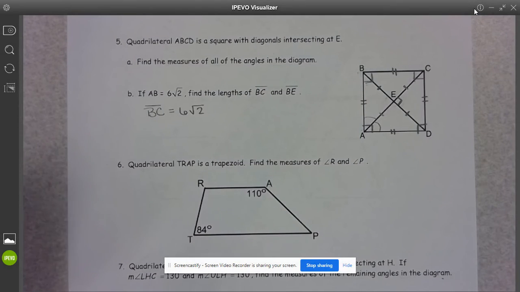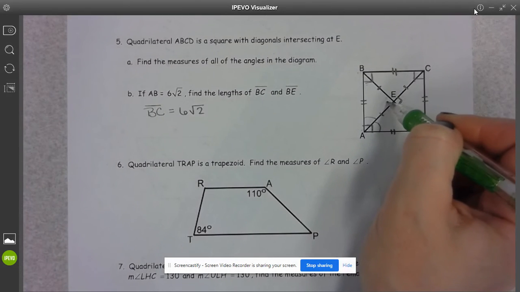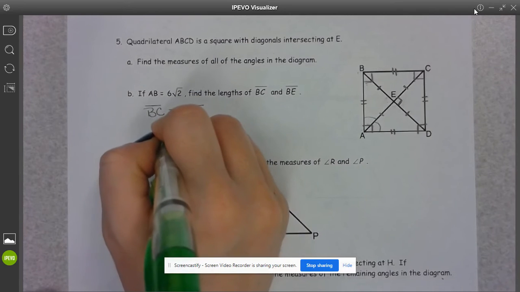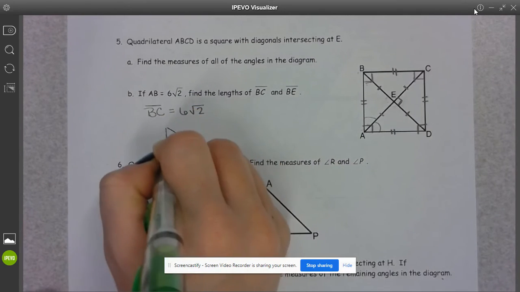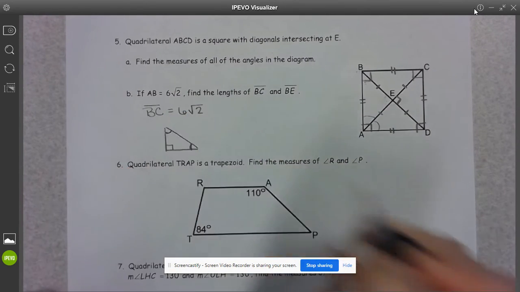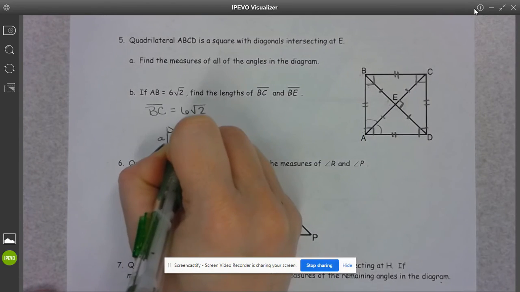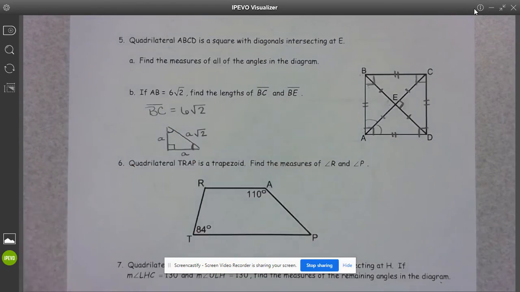Now, I need you to think way back in your brain to when we did special right triangles, when we did 45, 45, 90s. Because I have a 45, 45, 90 degree triangle. So when we have a 45, 45, 90, this was A, and A radical 2.